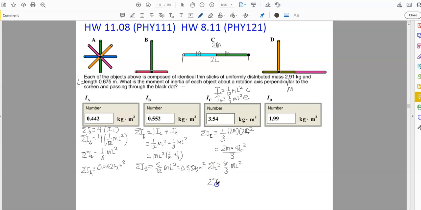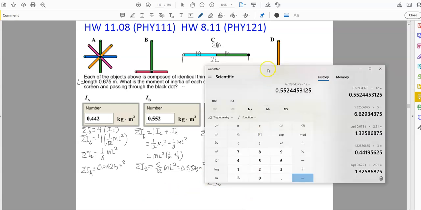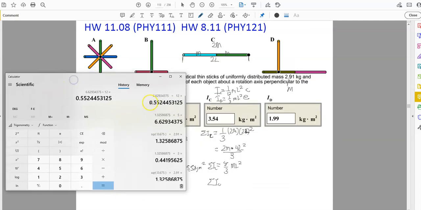So the total moment of inertia at C is going to be 8/3 of this total. This is now a total distance 2L, and it's 2 m's.